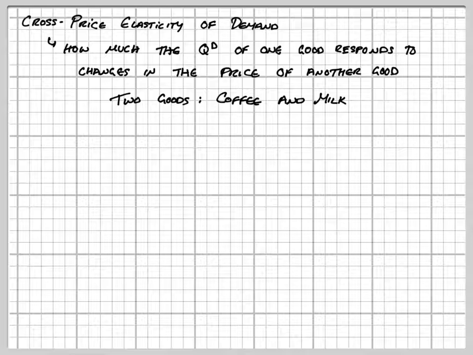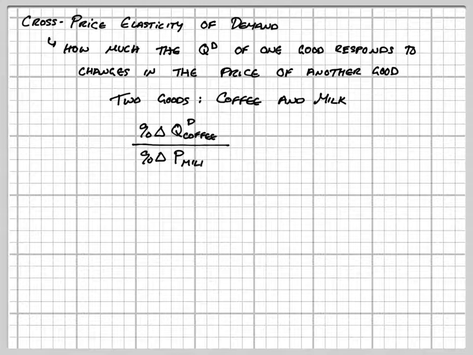So if we want to figure out the cross price elasticity of demand for coffee with respect to milk, it would be the percentage change in the quantity of coffee demanded divided by the percentage change in the price of milk.